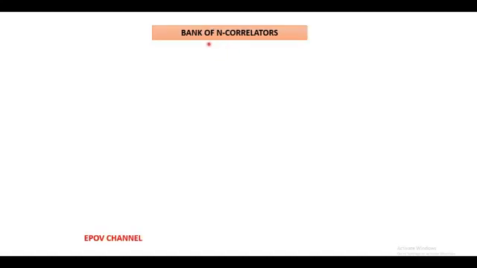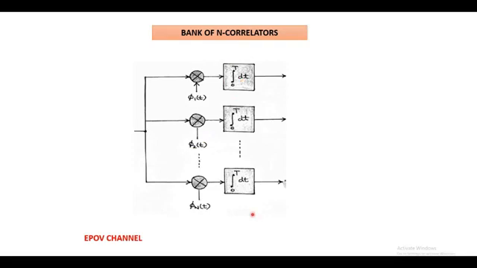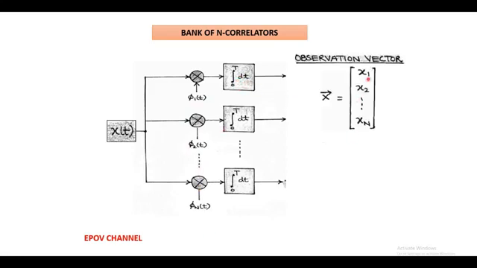Now, at the receiver side, there is a bank of N correlators, as shown in the figure. A correlator consists of a multiplier and an integrator. The multiplier multiplies the received signal with the basis function phi(t), and after integration we get an n-dimensional sequence of observation vector capital X, which equals x1, x2 up to xn, represented as a column matrix.